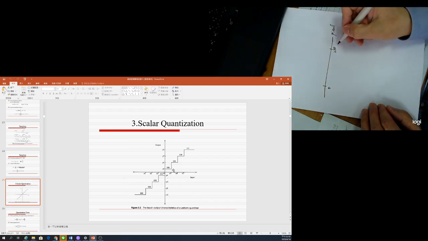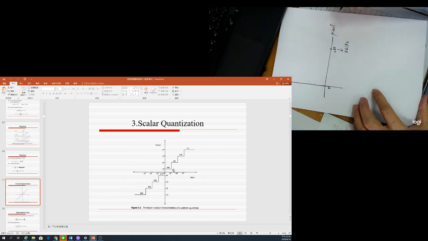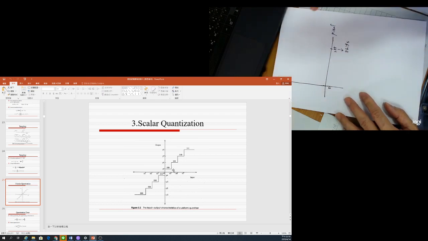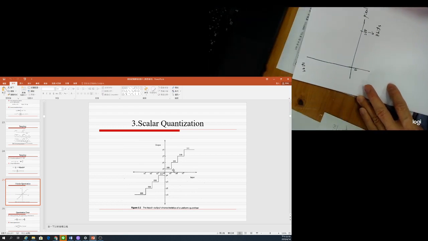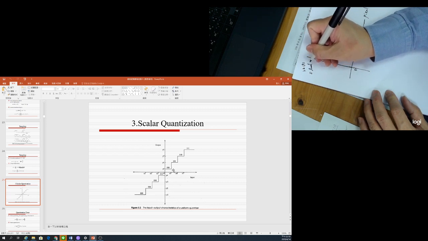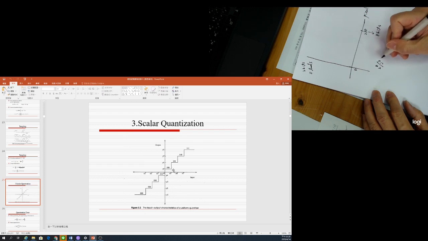Each pixel would normally use 8 bits for coding. However, if we quantize them, assume we only use 3 bits. Then we have a quantization step of 2 to the power 8 divided by 2 to the power 3, so the quantization step is 32.